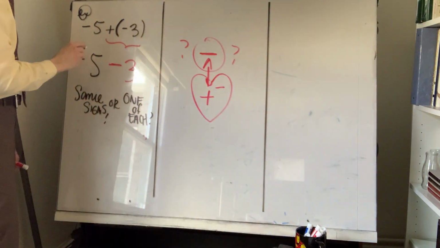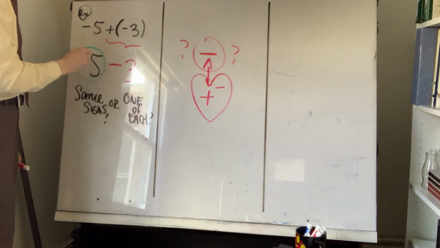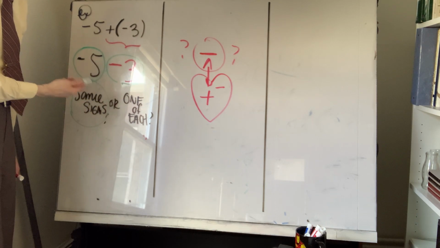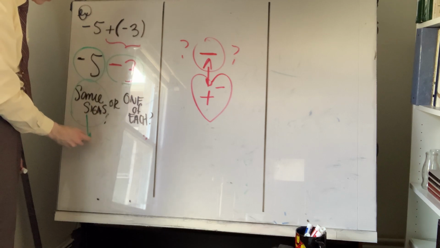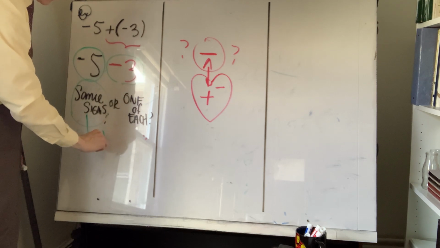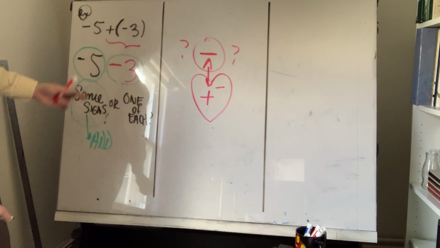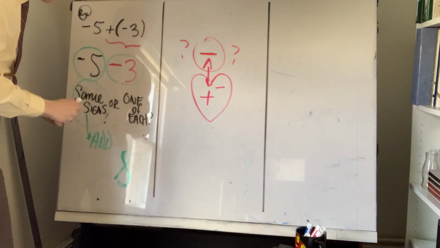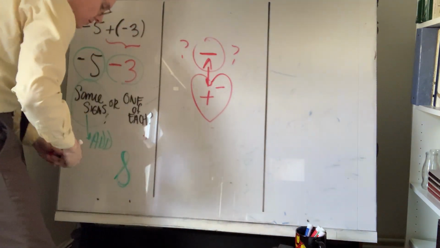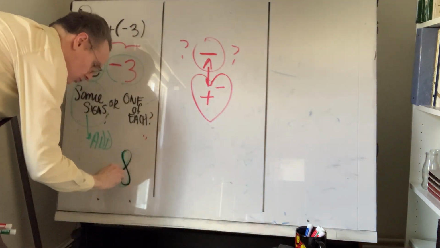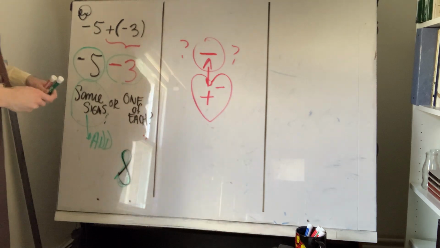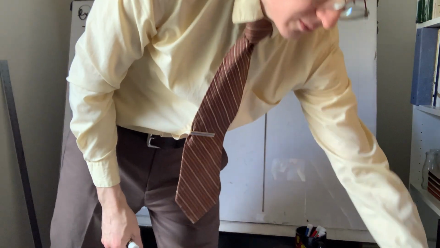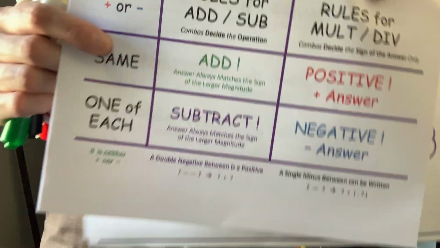From this perspective, these are same signs, which means, somewhat ironically perhaps, what are you going to do? You're going to add. All right? What's 5 plus 3? 8, right? Is the actual magnitude that would be the answer as a result, right? What is the sign going to be of this? This little subtype here that I wrote, and I'll read it to you now.